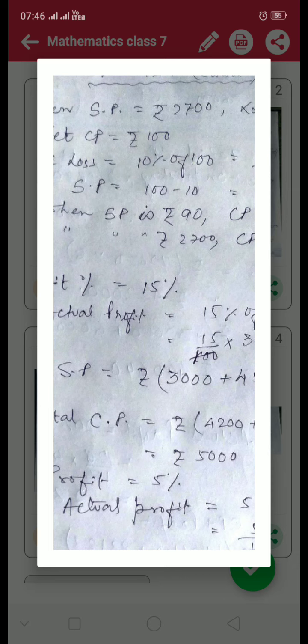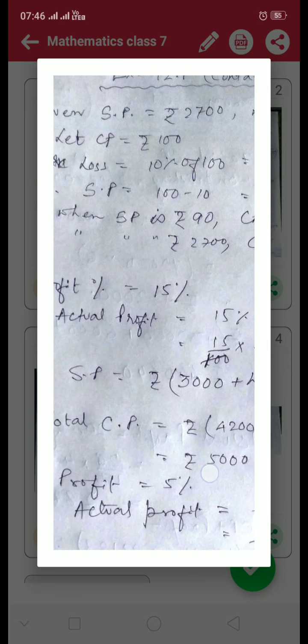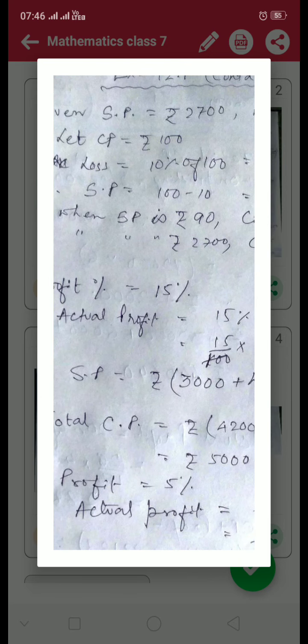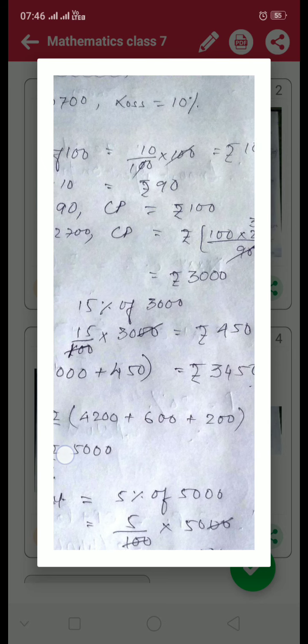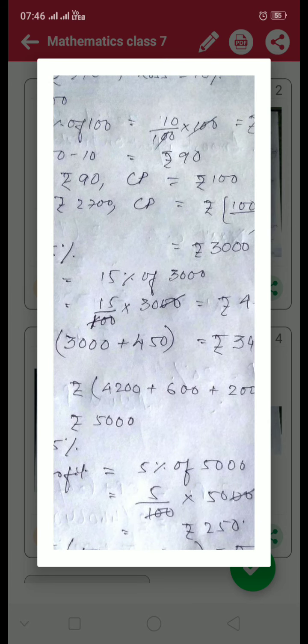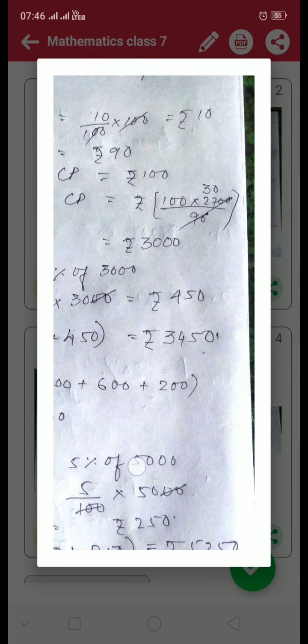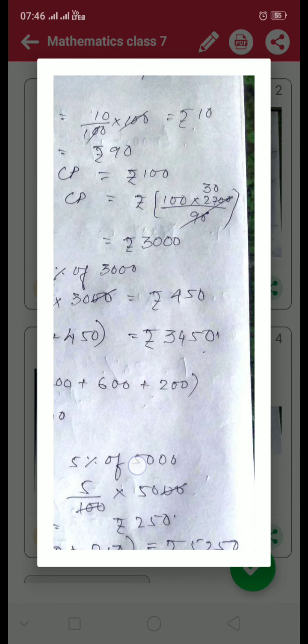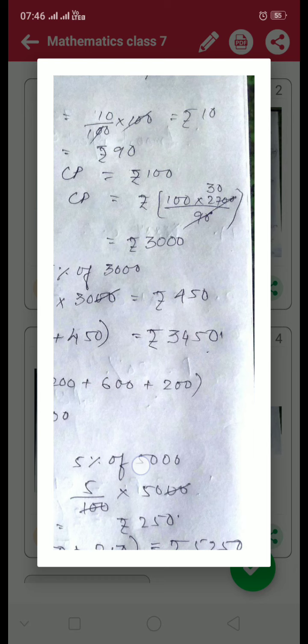If CP is 100, then SP is CP minus loss, 100 minus 10, that is rupees 90. So when SP is 90, CP is rupees 100. When SP is rupees 2,700, CP will be 100 into 2,700 by 90, that is rupees 3,000. So actual CP is rupees 3,000.